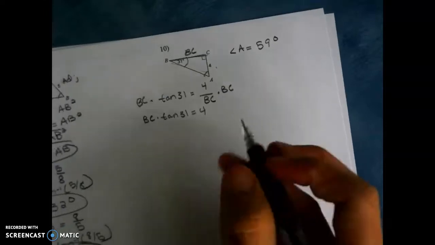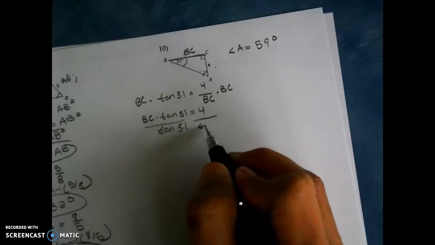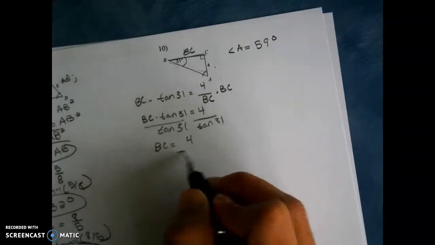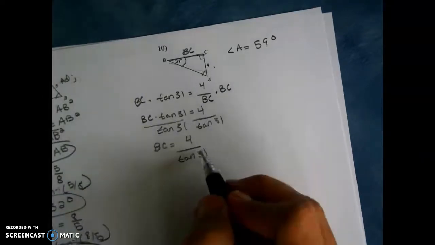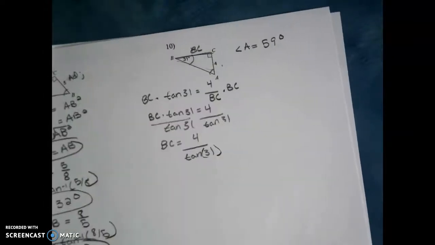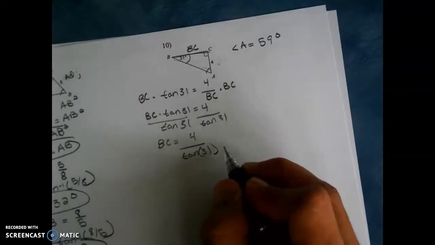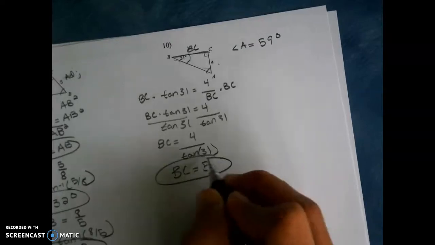BC is still not by itself, so I'm going to divide by tangent of 31. So now I have BC is equal to 4 over the tangent of 31. Plug that into our calculators. 4 divided by tangent of 31, and we get about 5. So BC is equal to 5. Right there.